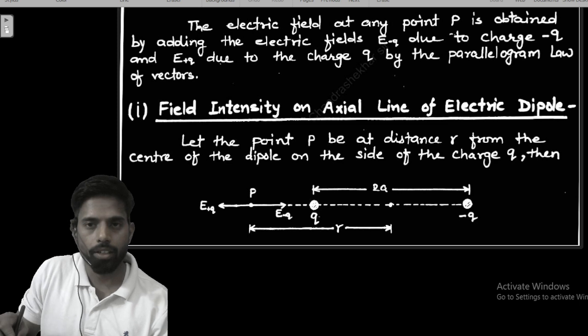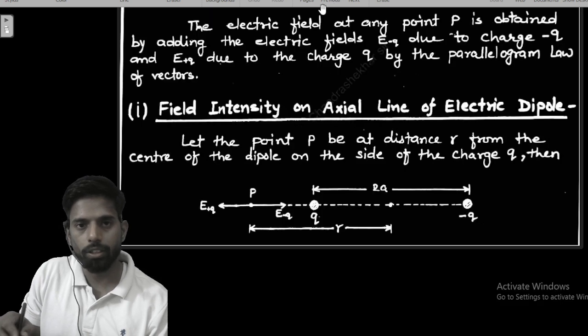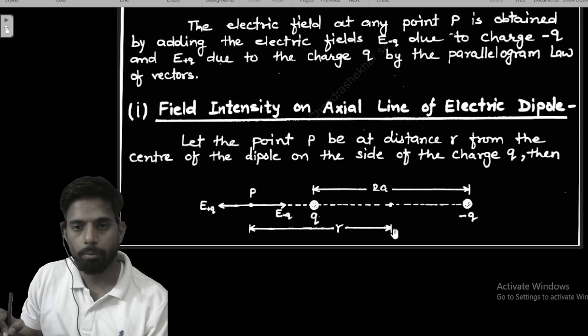That's why the net electric field will be written as: E due to minus q is k times the source charge, we take only the magnitude, upon (r plus a) square. Why is this (r plus a) square? You see, the minus q charge is present at this point, and the distance from the minus q charge to the point where we have to find the electric field is r plus a. So we write here r plus a.